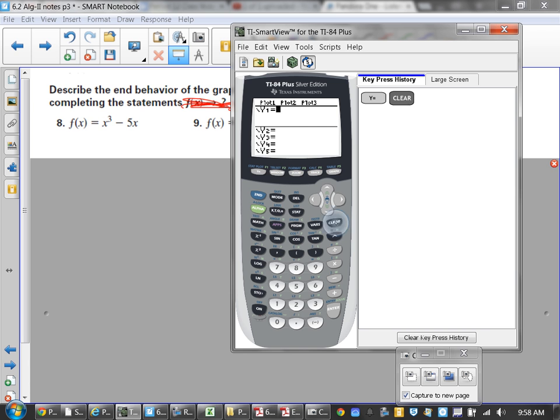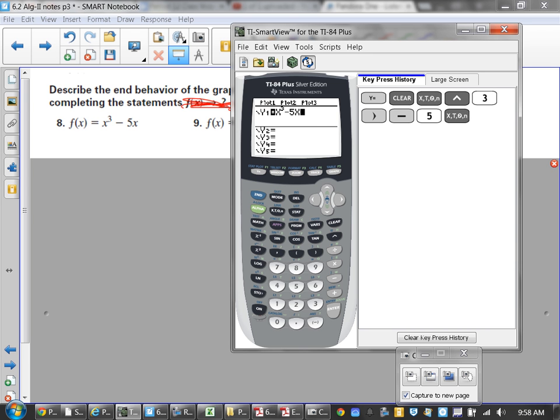Y equals, clear it out, x to the third minus 5x. Remember when you type in an exponent, you have to hit the right arrow to drop out of the superscript so you can put in the minus sign. That's what that means when you have the exponent. It's called superscript as opposed to subscript, which is below.